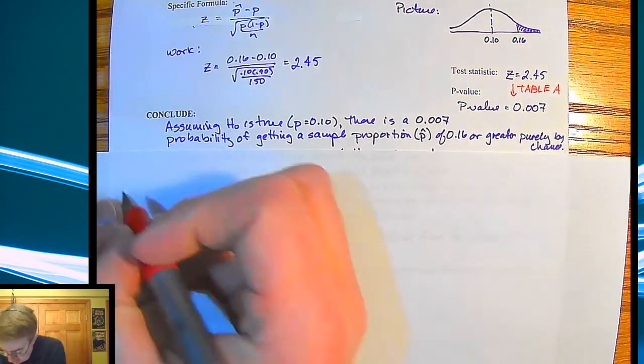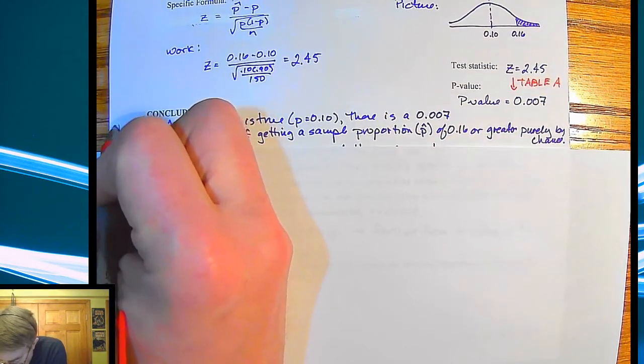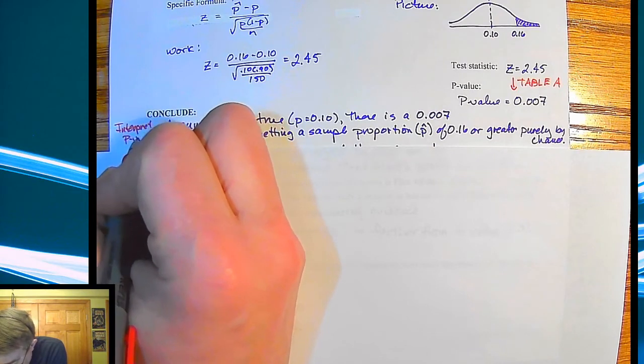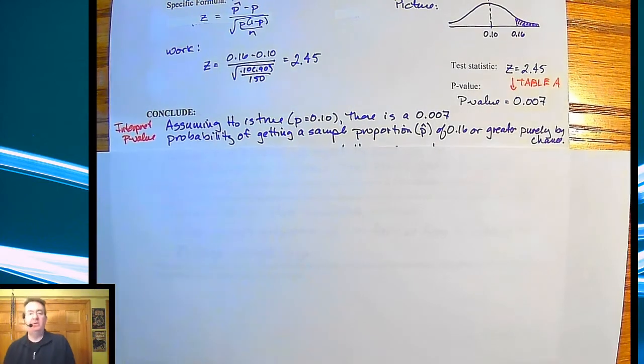Okay, so this is interpreting our p-value. So you're explaining that if we take the assumption at face value, what we're seeing is unlikely. In this case, it's fairly unlikely, it's less than 1%.